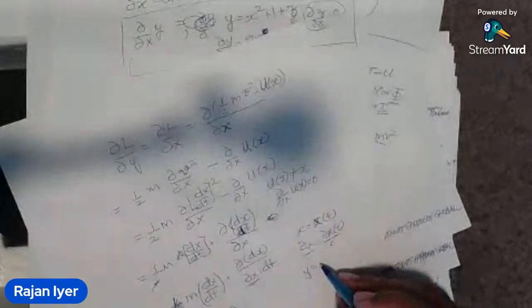Suppose y equals x squared plus t squared. So del y, I don't worry about the time. It becomes 2x, because del t over del x equals 0. See that?